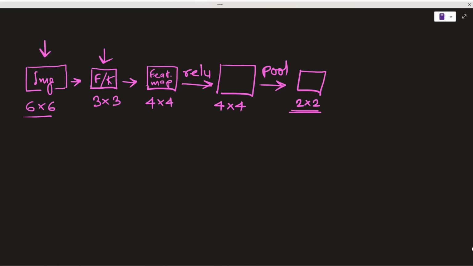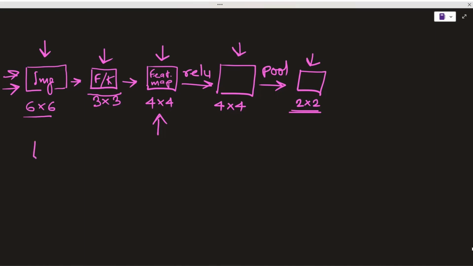So basically we are taking this image, then applying the filter to do the convolutional operation in order to achieve this feature map that will have the features from this input image. Then we apply the ReLU operation on top of this feature map to achieve this one, and then we apply the pooling operation to get a feature map which is reduced in size.